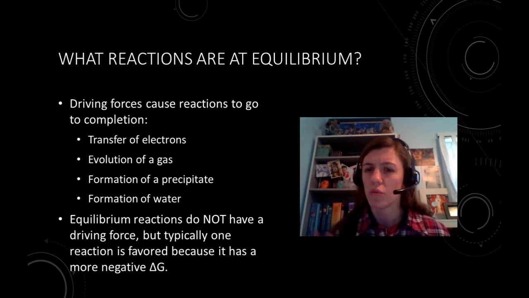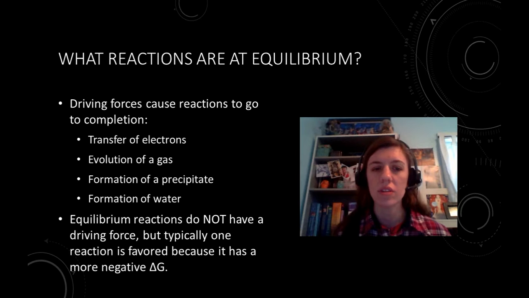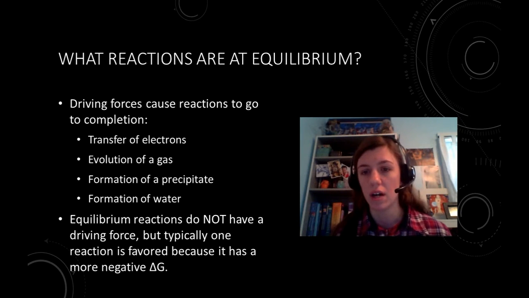What can make a reaction really not reversible? So in an equilibrium system, you have two reactions that are going back and forth, but that doesn't always happen. Certain things can make a reaction not reversible. Transfer of electrons.